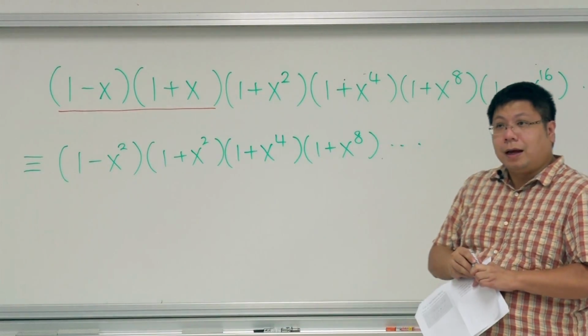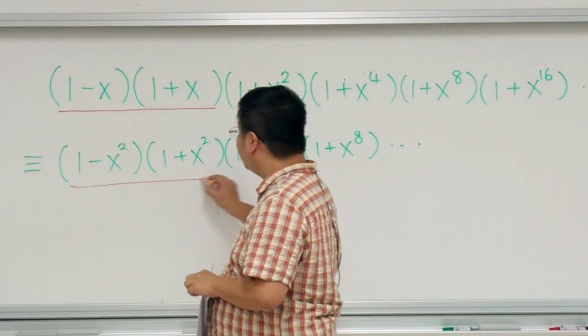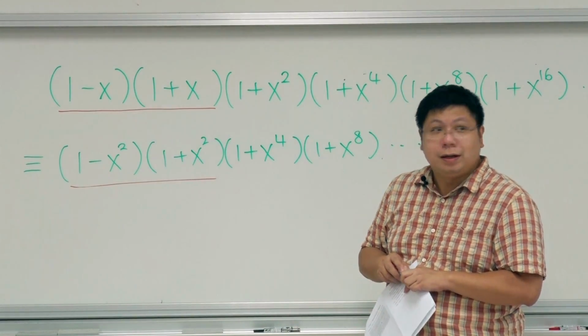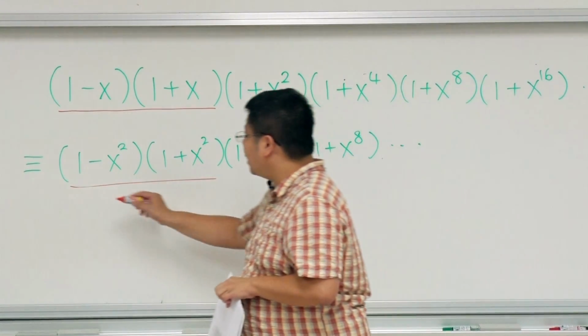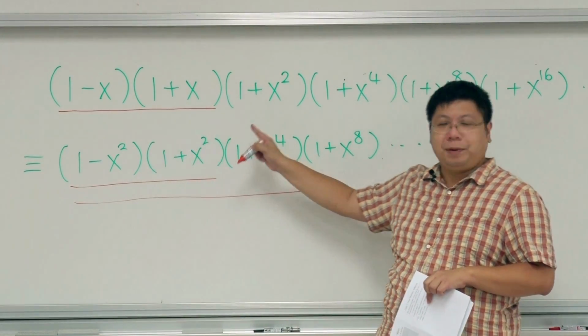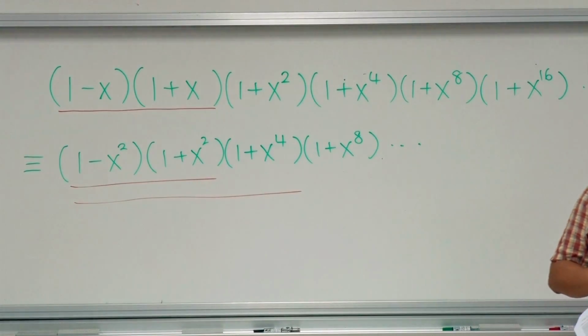Then these two terms will be further combined to become 1 minus x to the power 4. After that, 1 minus x to the power 4 will be further combined with 1 plus x to the power 4, and it becomes 1 minus x to the power 8.